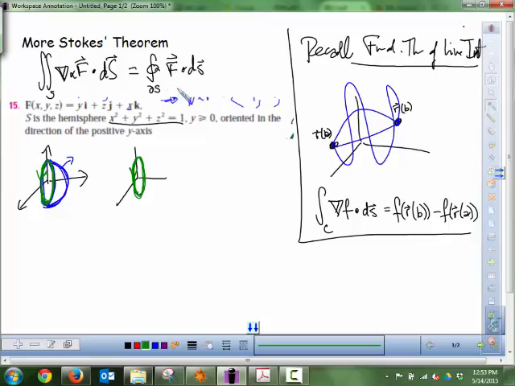So we have this line integral, and this is the boundary of the surface. And suppose instead of looking at the surface as a hemisphere, now let's consider another surface that might be easier to deal with that has the same boundary with a positive orientation. Like maybe a disk.